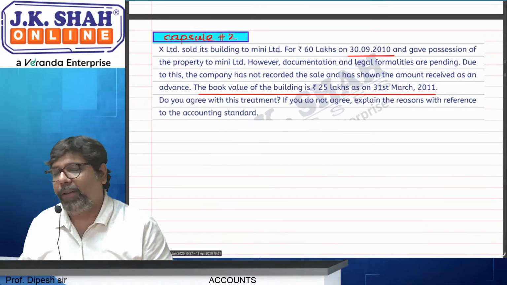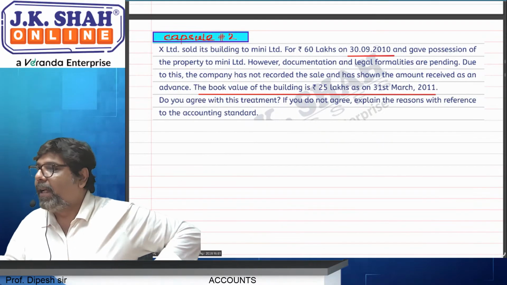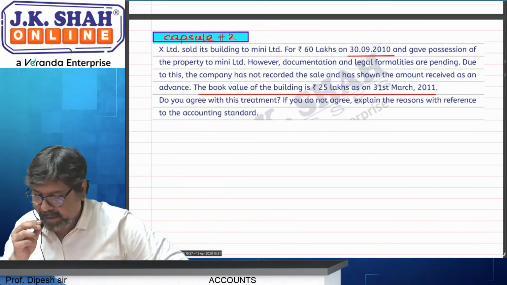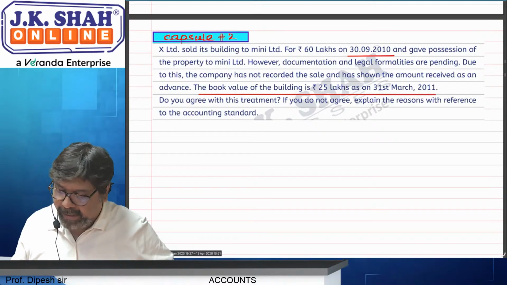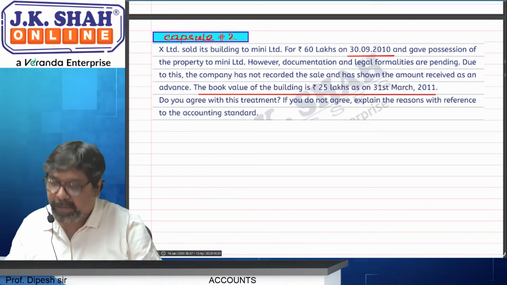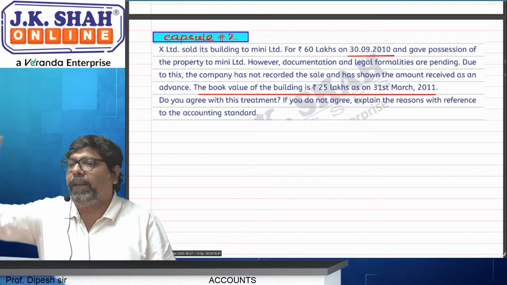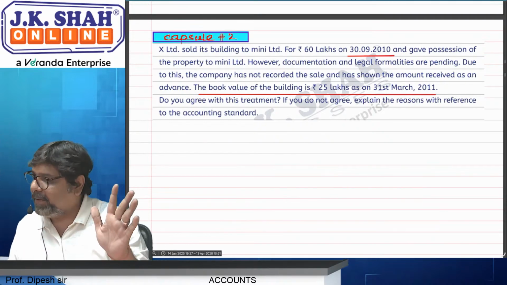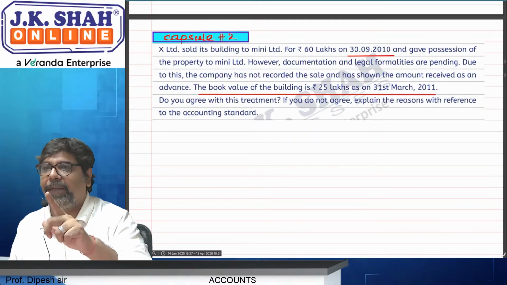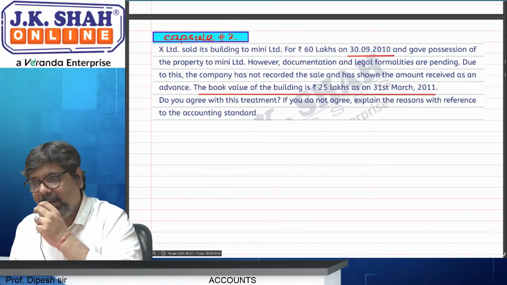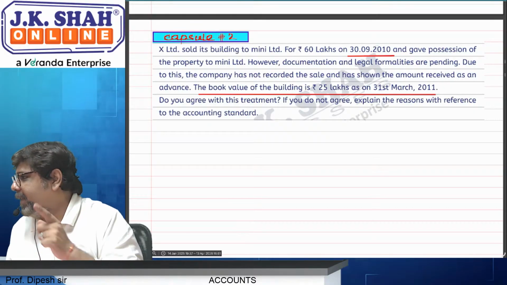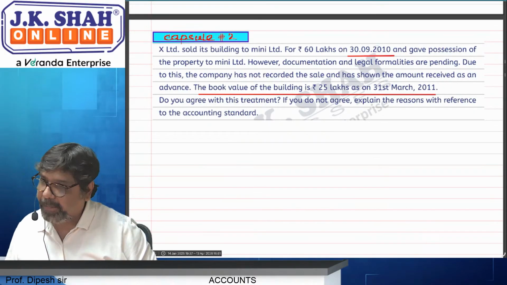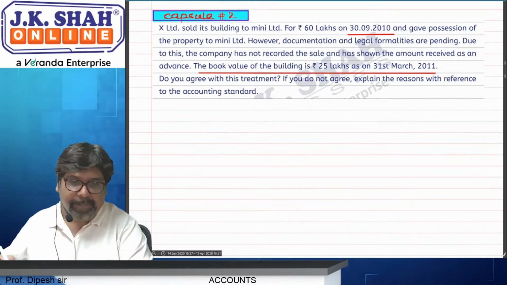If I account on reality basis, then I should account for the sale now, not when documentation is done. The book value of the property is 25 lakhs, and I sold it for 60 lakhs, so I record 60 lakhs as receipt and 35 lakhs as profit on sale. Correct? Chalo? Write down.